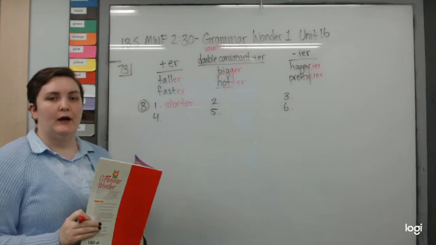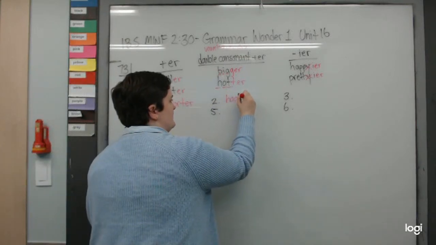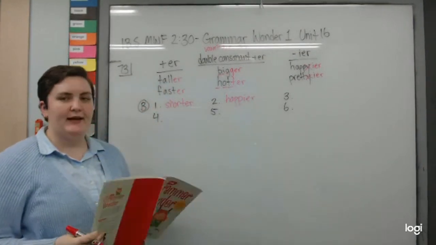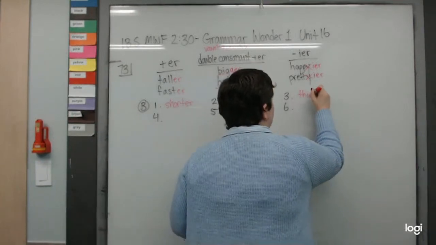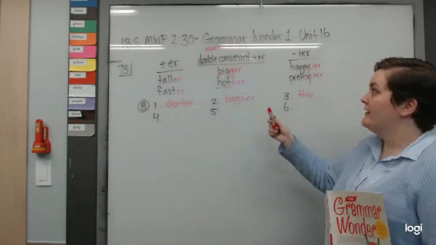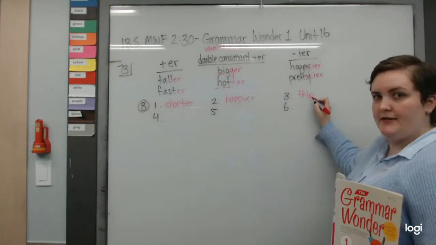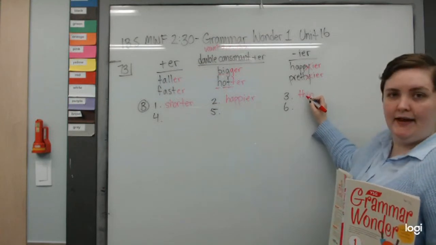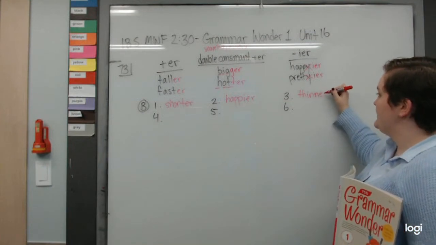Does it end in Y? Yes. So, happier, IER. Number 3, thin. Does it end in Y? No. Does it follow this rule? Let's check. Consonant, N, vowel, I, consonant, H. Perfect. Add N and ER.